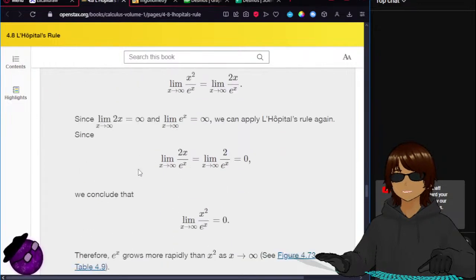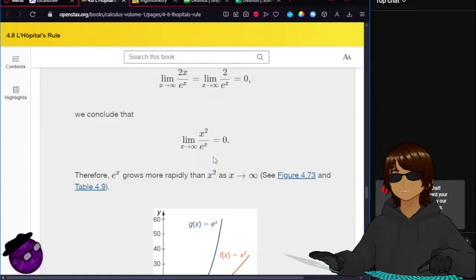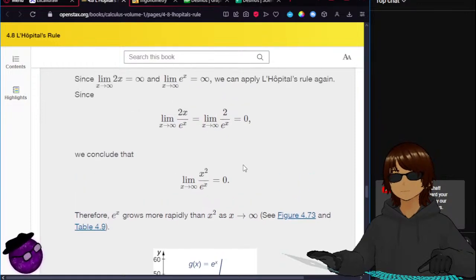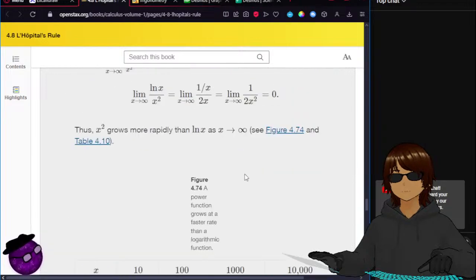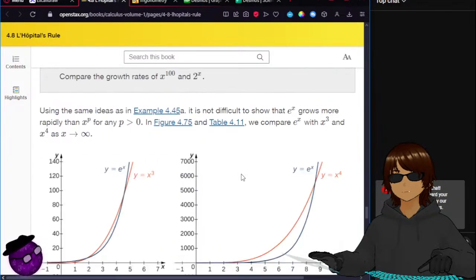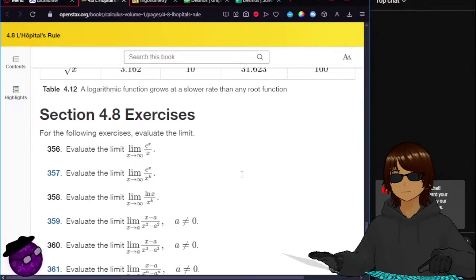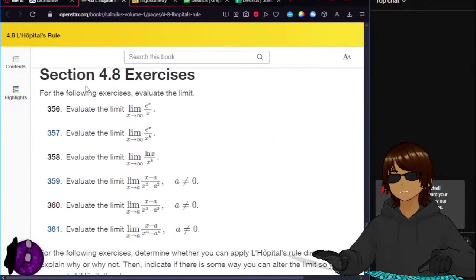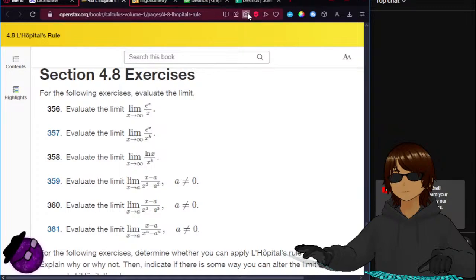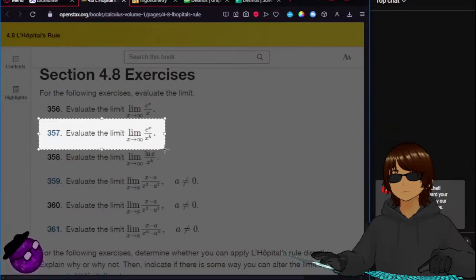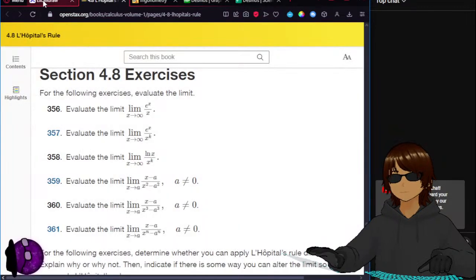They used L'Hopital's rule to evaluate this limit, and they concluded that e to the power of x grows faster than x squared. Okay, for the following exercises, evaluate the limit. Let's do one of them. Copy and close.